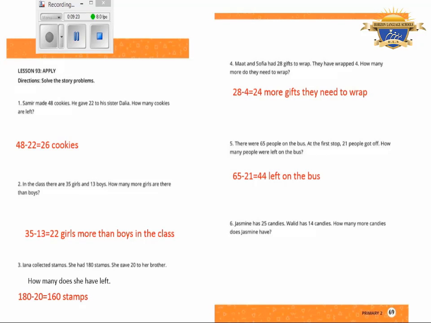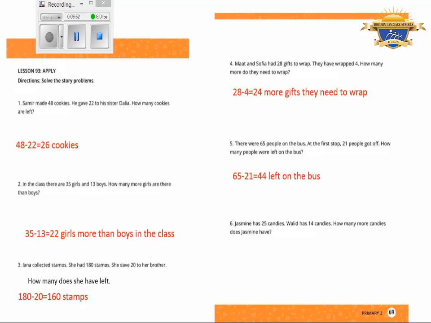Okay, problem number 6. Jasmine has 25 candies. Walid has 14 candies. How many more candies does Jasmine have? The word here is more. How many more? So it's a comparison between two quantities or two numbers.